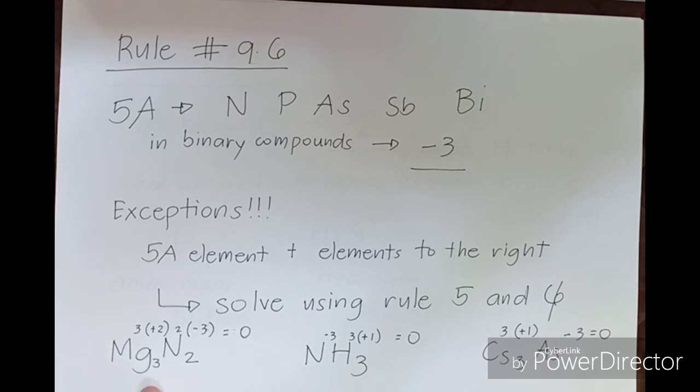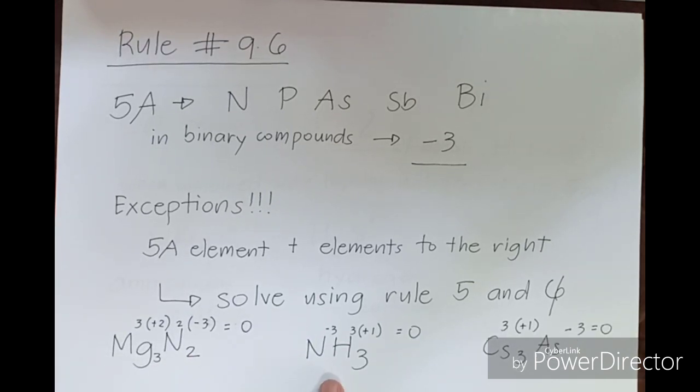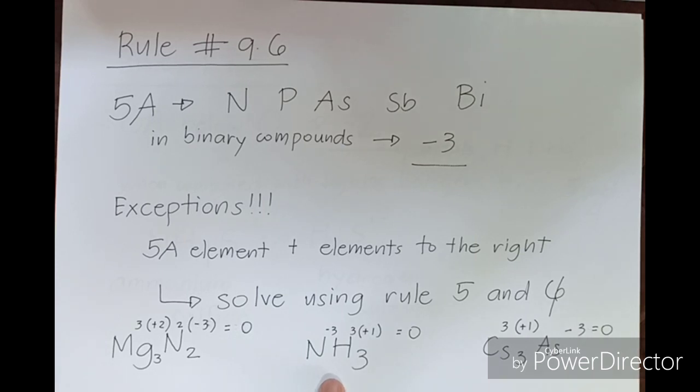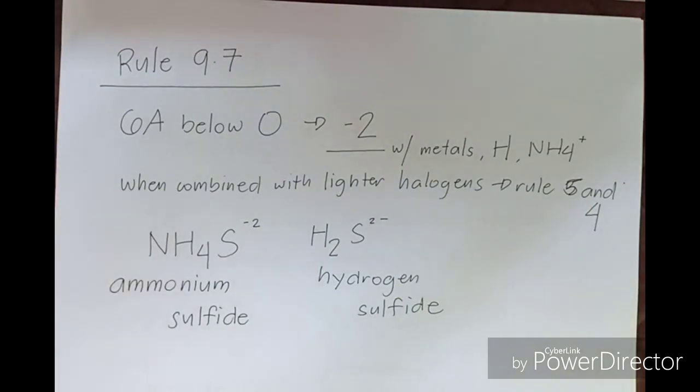For example, in magnesium nitride, nitrogen has a charge of -3 to balance the +6 of magnesium. Also with ammonia, nitrogen has a charge of -3. In cesium arsenide, arsenic has an oxidation state of -3, since cesium has +1 multiplied by 3, so +3.